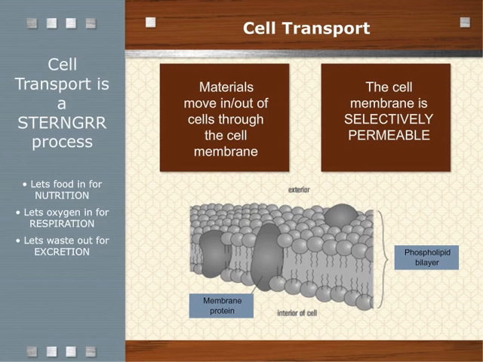Notice that you are looking at a greatly enlarged picture of the cell membrane, where the little dots at the top are on the outside of the cell, and the little dots at the bottom are on the inside of the cell. This picture doesn't show you a cell at all. It just shows you an enlargement of the membrane that surrounds the cell.